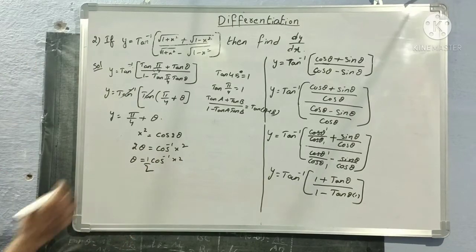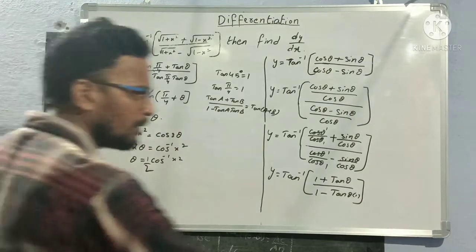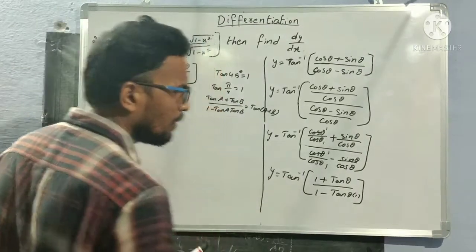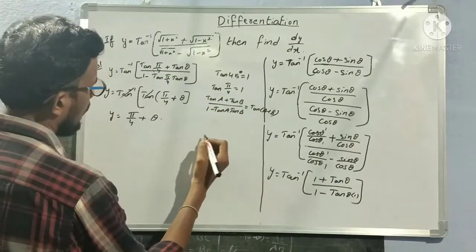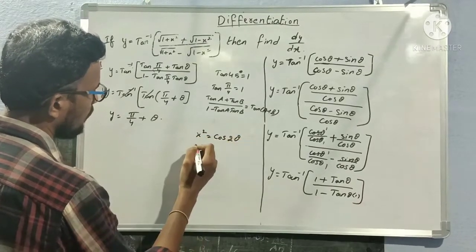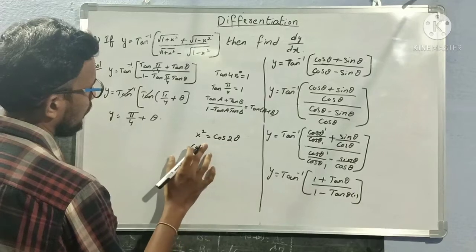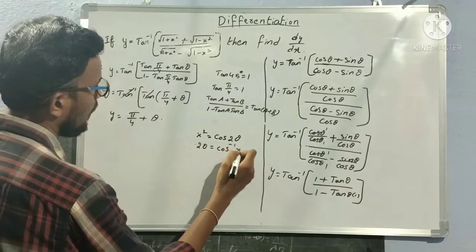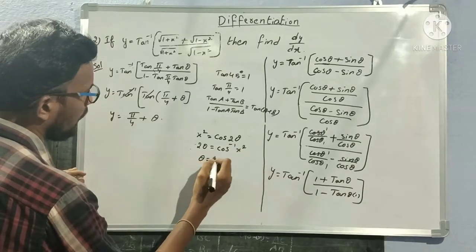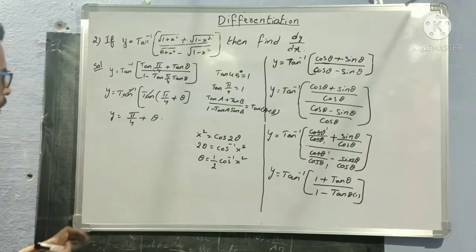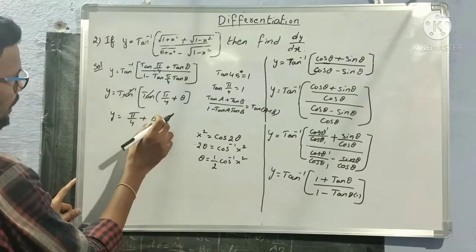Okay, the same I will substitute here. This one I will write beside here. So x square is equal to cos 2 theta, that is 2 theta is equal to cos inverse x square and theta is equal to 1 by 2 cos inverse x square. Okay, the same I am substituting in place of theta here.